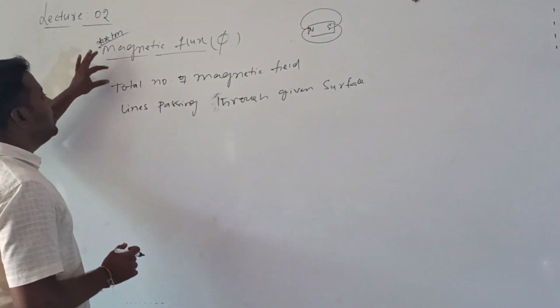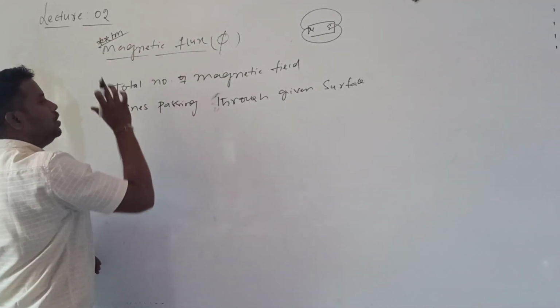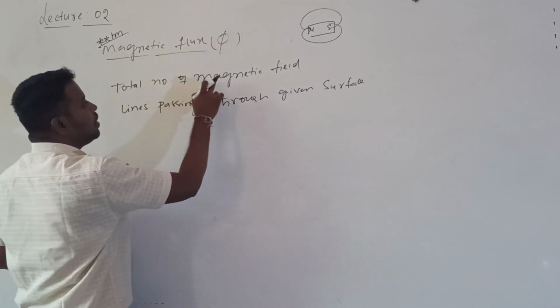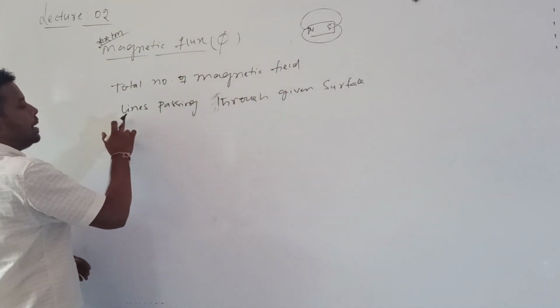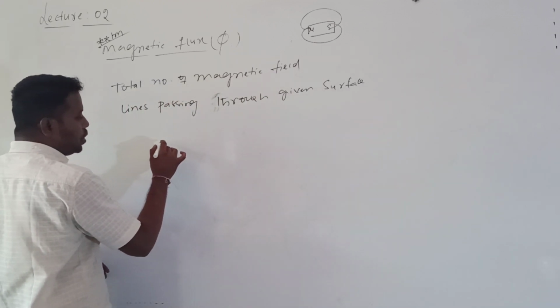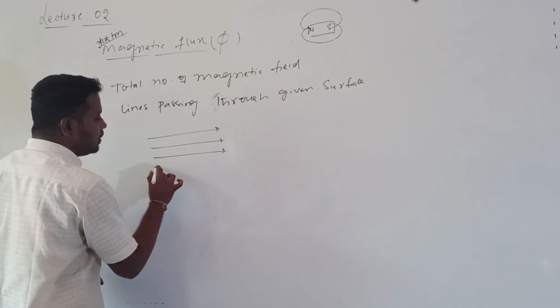You already know those properties. Note down the definition: magnetic flux is the measure of the total number of magnetic field lines passing through a given surface. If I want to show it with a diagram, these are the magnetic field lines.